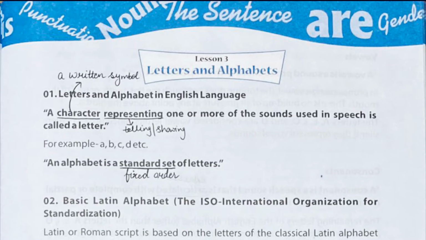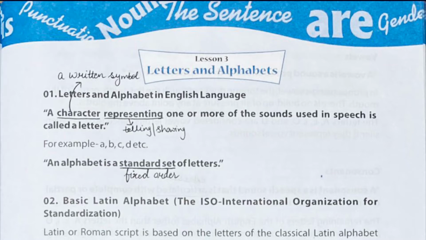So, if I start with letters, a character representing one or more of the sounds used in speech is called a letter. Character means written symbol, representing means telling or showing. When a written symbol shows or tells one or more sounds used in speech, it is called a letter.